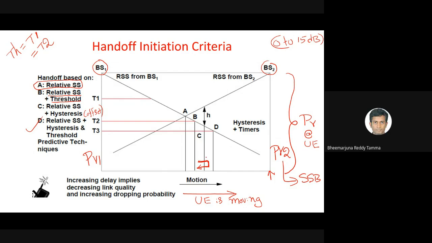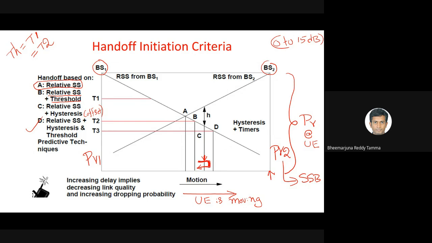So look at here. The handover has happened at this point, right? Yes. And now what you are talking about is the user has moved here. That means still there won't be any handover. So it is still here. There is no handover.